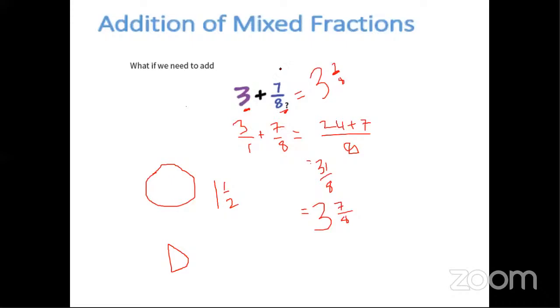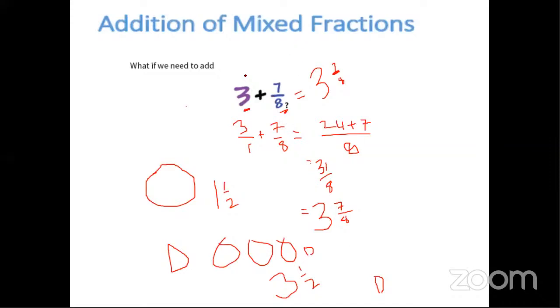Now, this is what we are trying to locate here. If you have 3 slices of bread, and I give you another half, you automatically have 3 slices and a half. So let's not stress ourselves so much. But when you are told to show the working, this is how the working shall be.